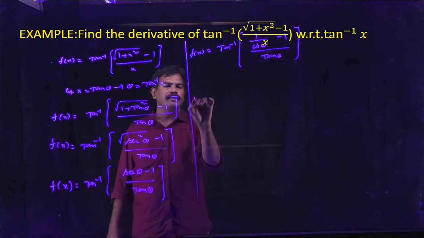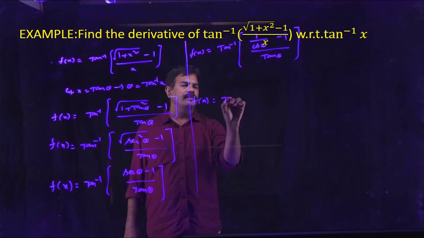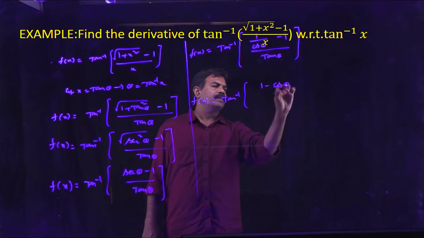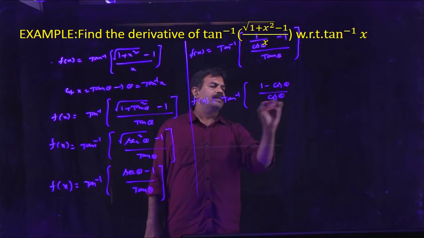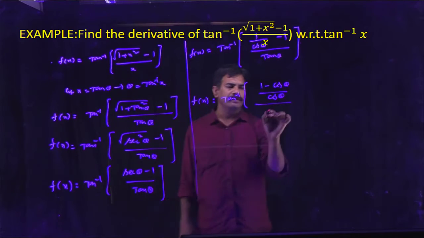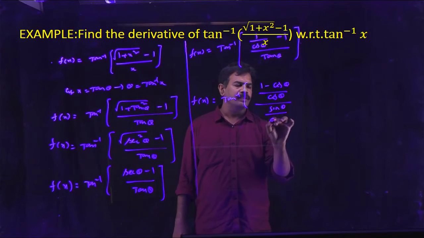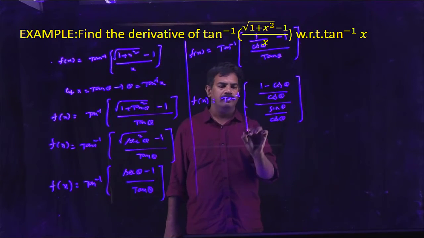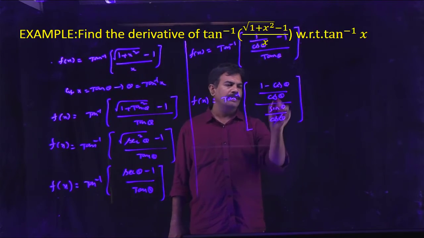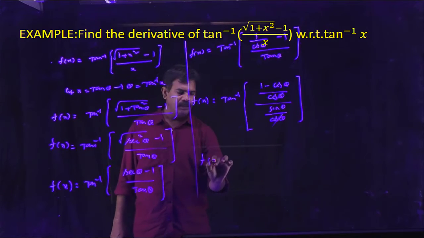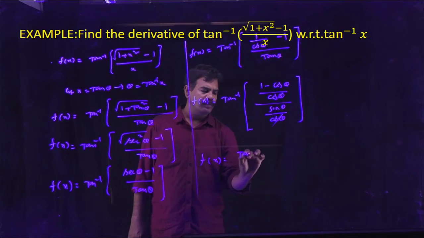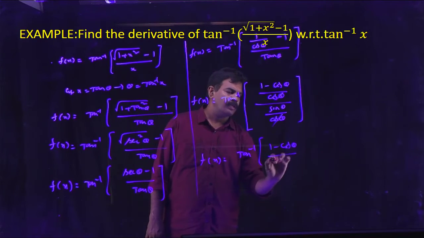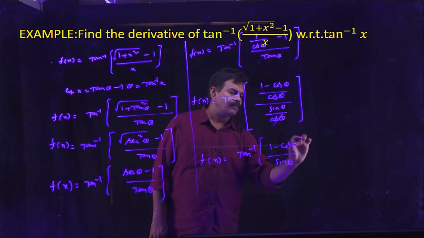Take the LCM on numerator. Tan inverse of 1 minus cos theta by cos theta. We write the denominator tan theta as sin theta by cos theta. So cos theta cancel. That is f of x is equal to tan inverse of 1 minus cos theta by sin theta.